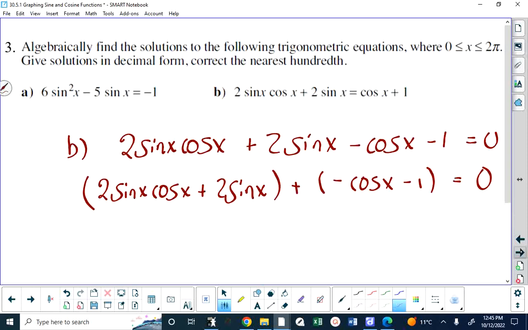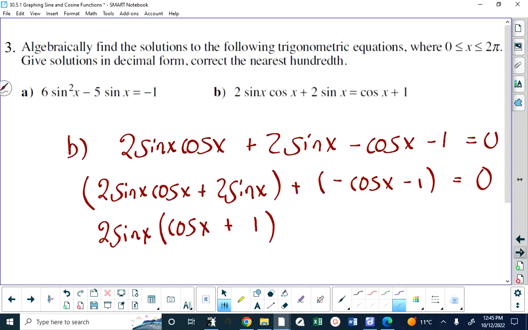And then what you do is you factor the greatest common factor out of the first pair. And in this case, I can factor out a 2 sine of x. And I would have left out of the first term cosine x plus, out of the second, 1. So I'll give you a second to mentally digest, everybody, why that's the first pair factored. If you want, you can convince yourself that it's right by multiplying this back in.